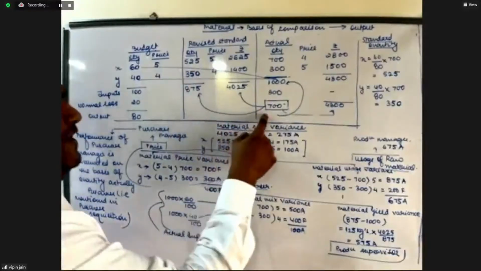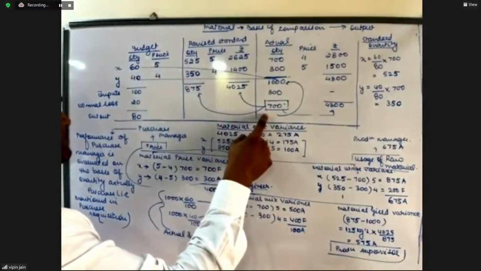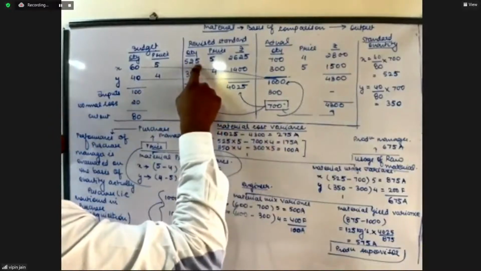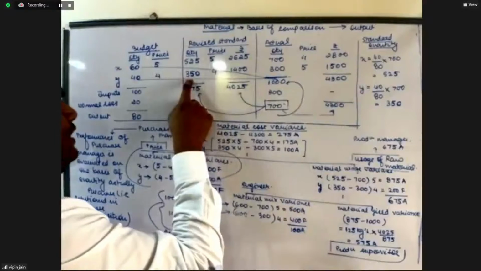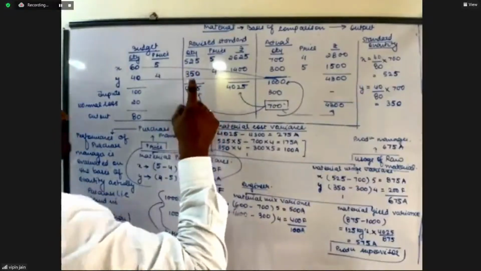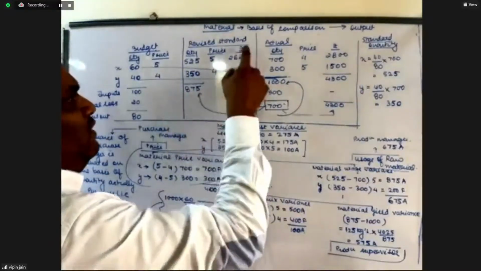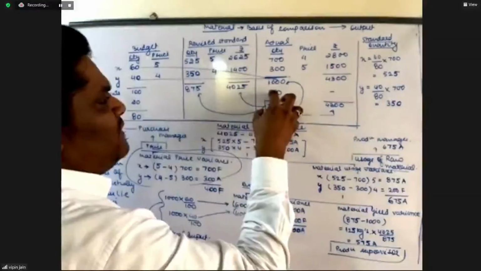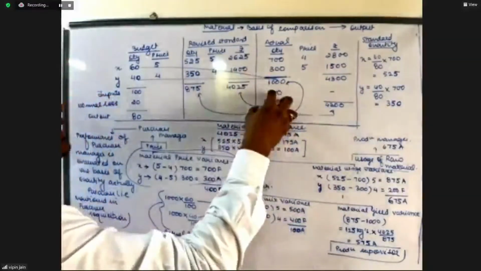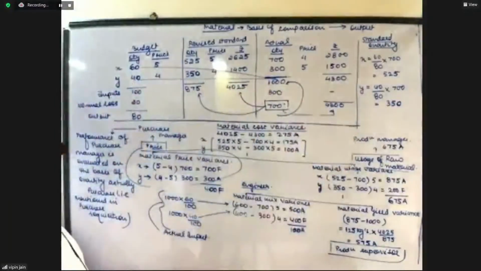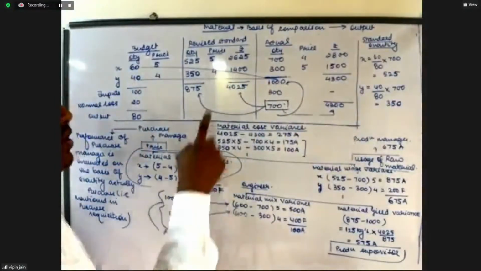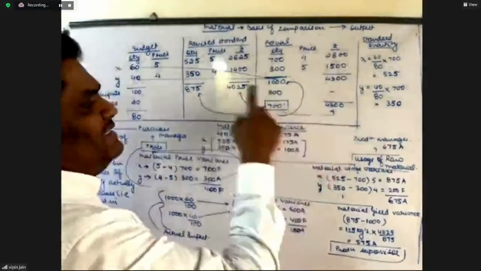So for manufacturing 700 units, 525 kgs are to be used at the rate 5, and 350 kgs of Y at the rate 4. The total cost that was supposed to be incurred for 700 units was 4025, but the cost actually incurred is 4,300. So there is an increase in overall cost.